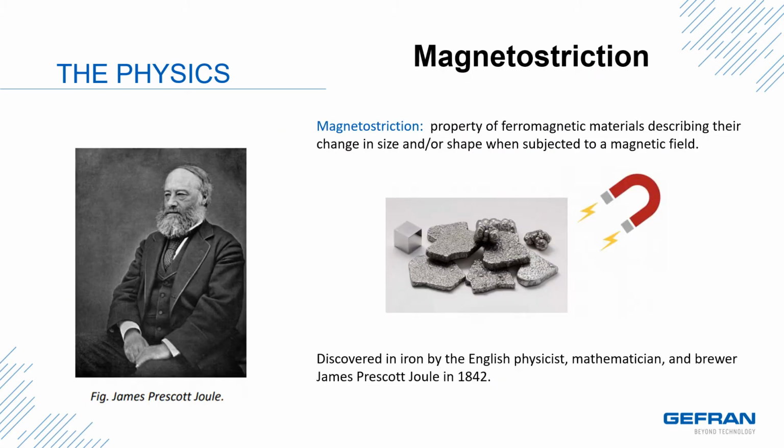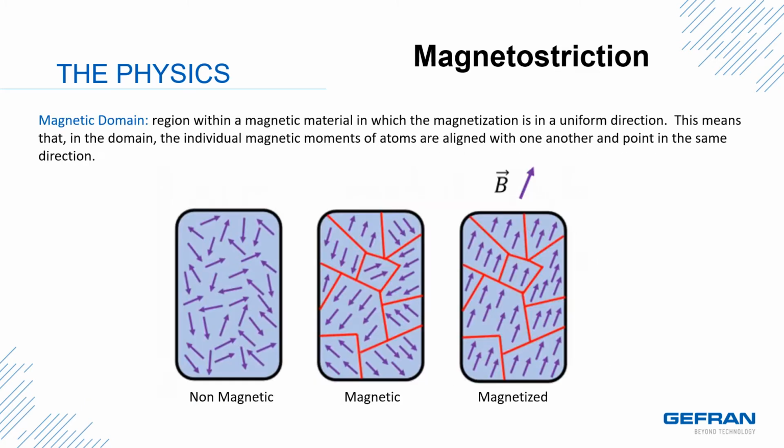Discovered in 1842 by James Prescott Joule, magnetostriction is a property of ferromagnetic materials describing their change in size and/or shape when subjected to a magnetic field. A magnetic domain is a region within a magnetic material in which the magnetization is in a uniform direction. This means that, in the domain, the individual magnetic moments of atoms are aligned with one another and point in the same direction.